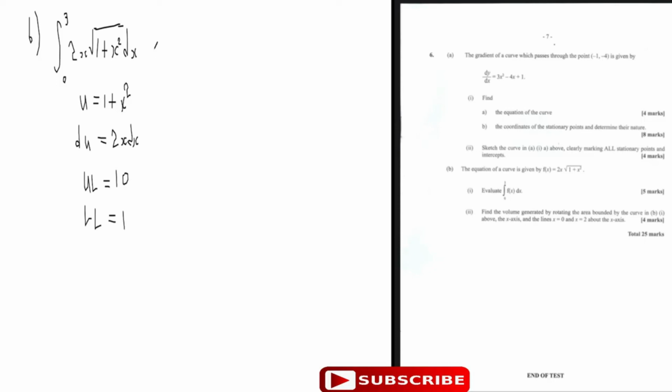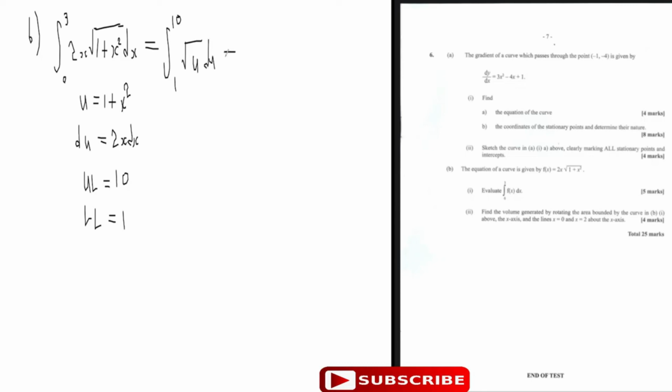And so now we can rewrite this as the integral from a new lower limit of 1 to an upper limit of 10 of, 2x dx is du, and 1 plus x squared is u. So this is now the square root of u. So it's the integral from 1 to 10 of the square root of u du.